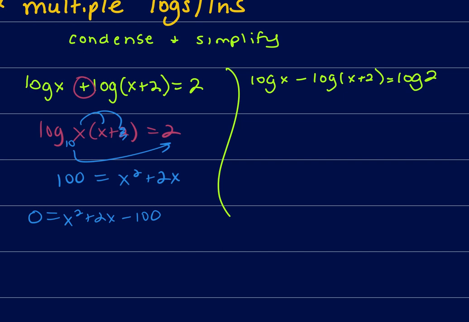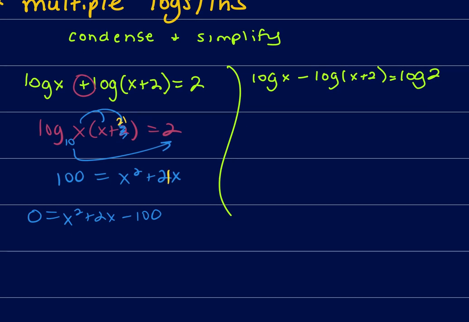Let's say, 25 and 4. So it could be like 21. If that was the case, then it would be x plus 25 and x minus 4. And then I'd get negative 25 and positive 4, and you'd have to check them both. And negative 25 would not work. So you would only keep the 4.